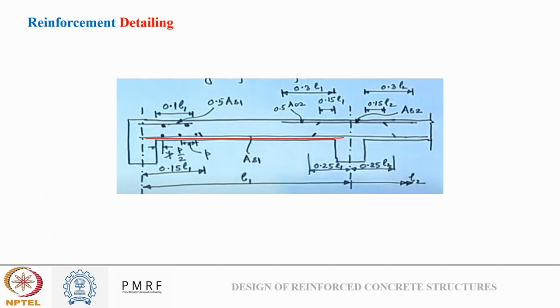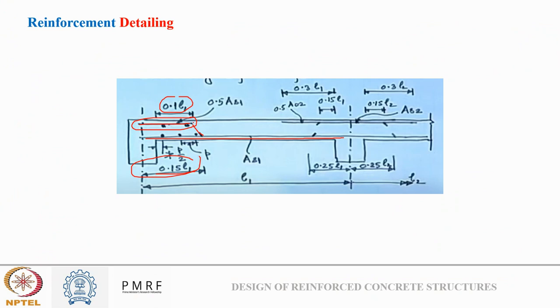For the end support, from a distance of 0.15 L1 we start bending alternate rebars from the tension side, such that 0.1 L1 is the length of the rebar on the compression side. So from 0.15 L1 we start cranking the rebar such that we get a length of 0.1 L1 at the compression side near the support.